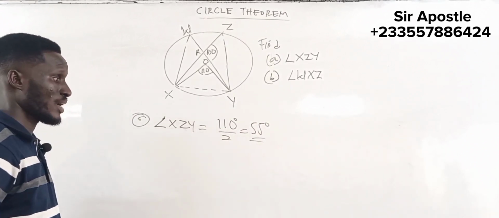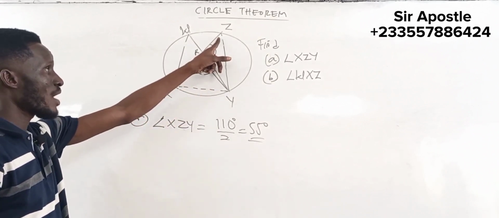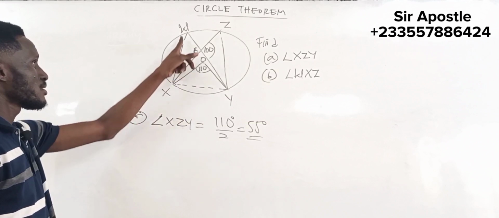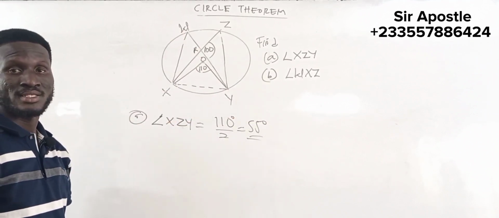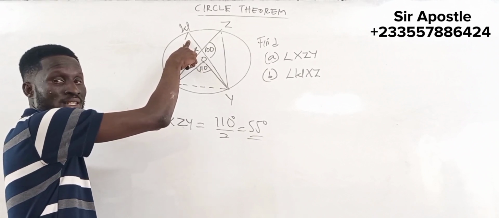Yes, that is XZY. The same way, we realize that XZY and XWY are all the same because this one is also an angle at the circumference of a circle.